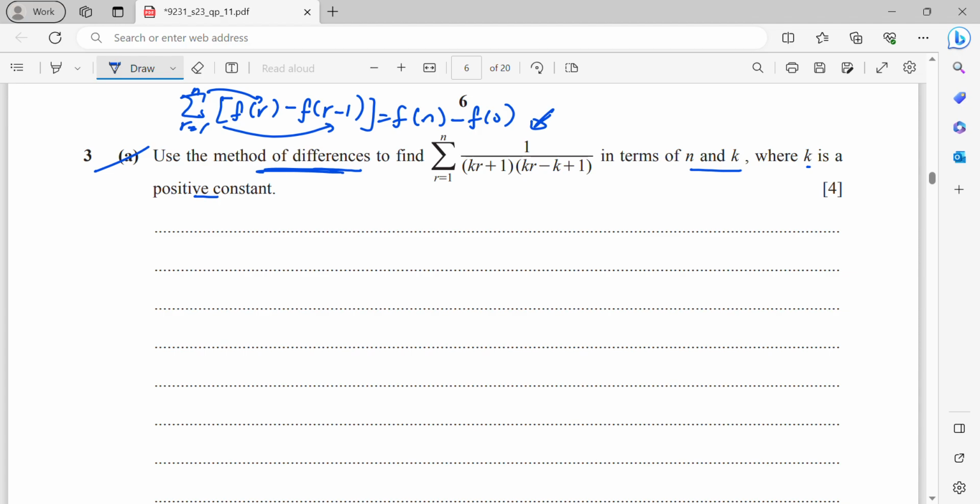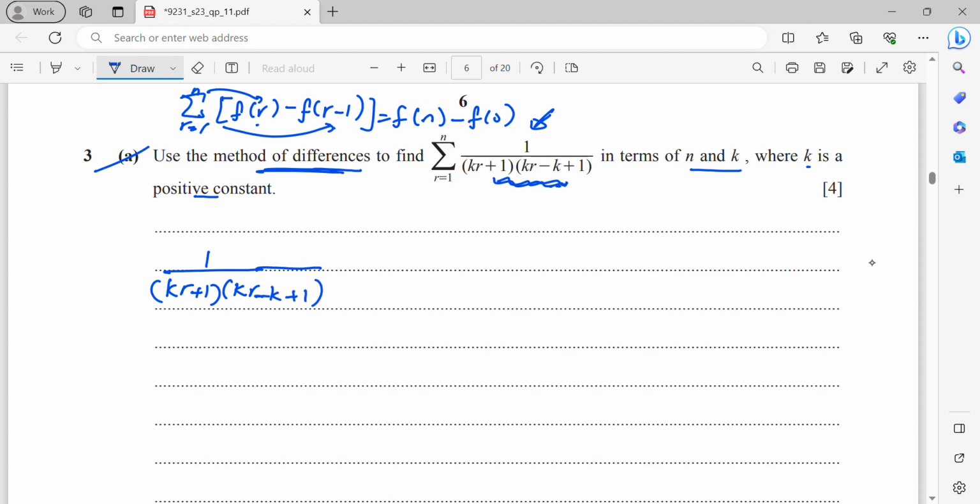Okay, then now in order to get the subtraction of two functions, the fr minus 1, I need to find the partial fractions of this rational function. So 1 over kr plus 1 multiply with kr minus k plus 1.